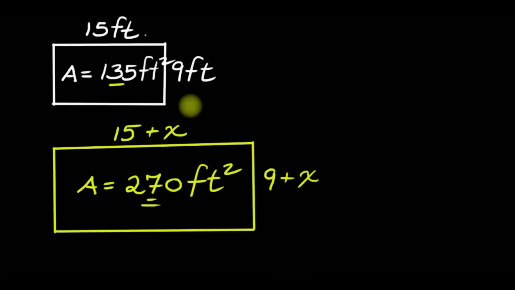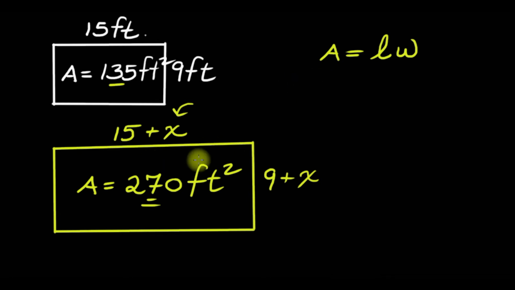Okay, so we're looking for this x. So x is going to be the same amount. How many more feet do we need to add to 15? How many more feet do we need to add to 9? That when we multiply, we get 270. So we're going to set up a quadratic equation. To find the area of a rectangle, we take length times width.